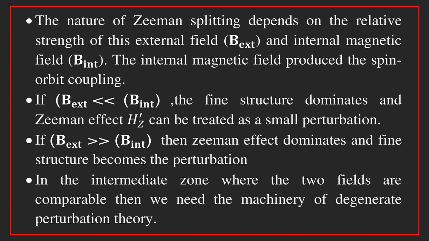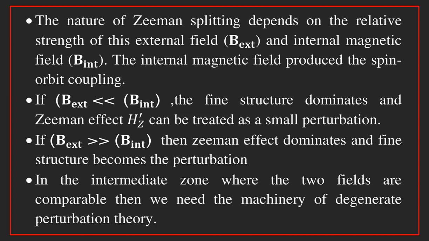The spin-orbit coupling is actually an internal Zeeman effect. It is also an interaction between the spin magnetic dipole moment of the electron and the orbital motion. So, the spin-orbit coupling is also called the internal Zeeman effect.